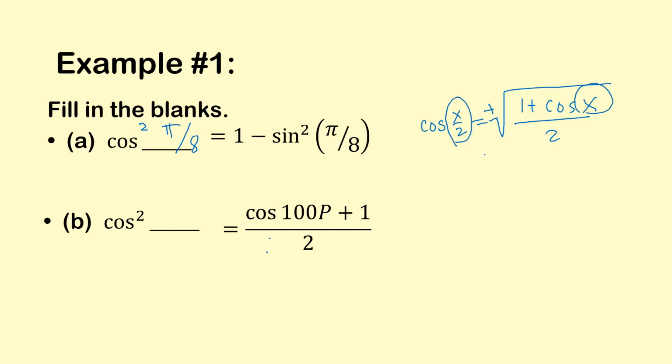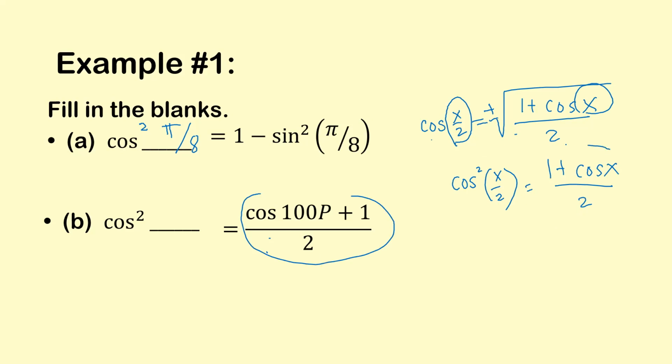Okay? Now, what about this one? Naka-square siya. So that means if you're going to square both sides, cosine squared of the angle x over 2 is equal to 1 plus cosine x all over 2. Diba? Mawawala yung radical sign. Ayun. So it's just this expression. Parang ito yun.